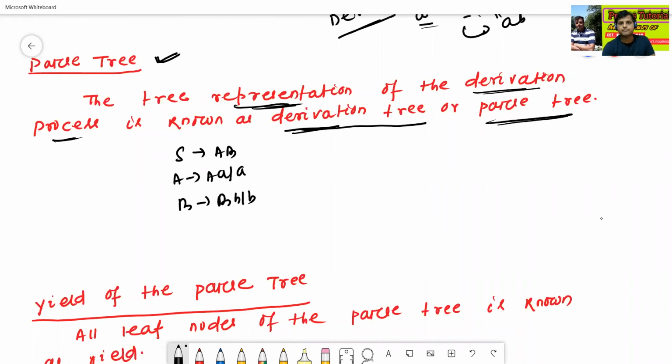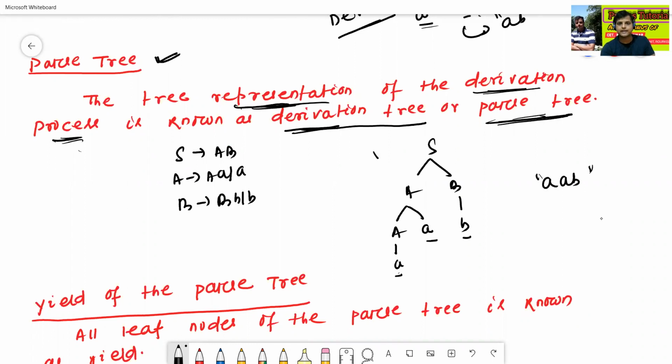What is the meaning of parse tree? The tree representation of the derivation process. Suppose S → AB, A → a, B → b. It will give the sentence ab.